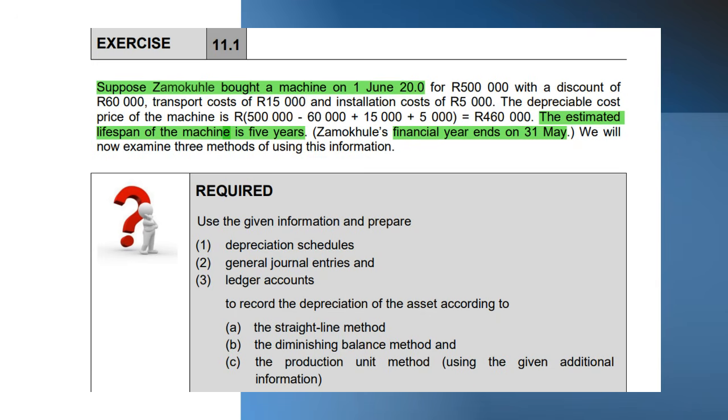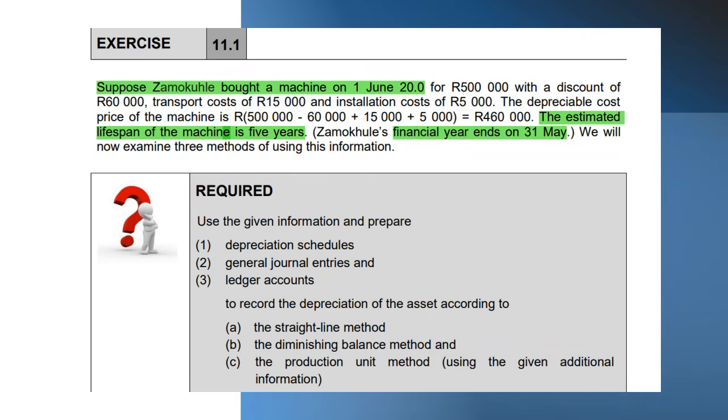We deduct the trade discount so that it doesn't form part of the cost price. Then we add what? The transportation cost and the installation cost. Then we have here the cost price of how much? Of 460,000. So that's how you determine the cost price.